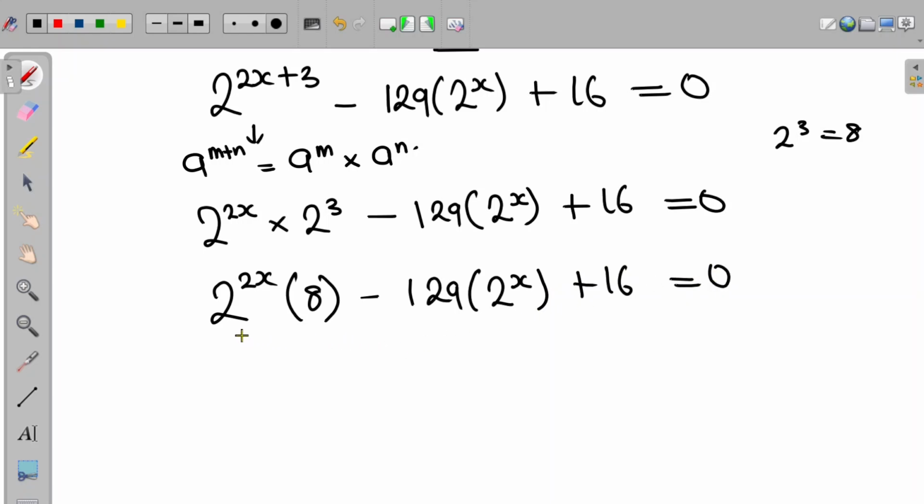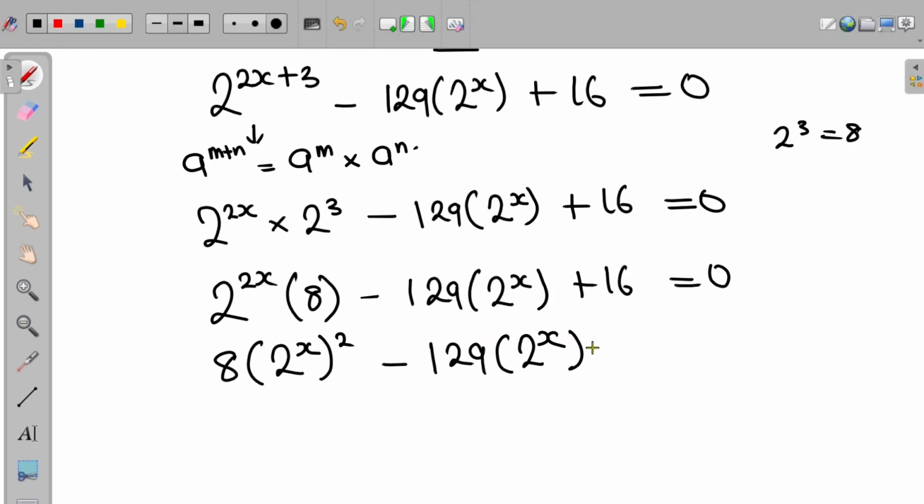So at this point, we can express here as 8 multiplied by 2 raised to the power of x all squared minus 129 multiplied by 2 raised to the power of x plus 16 equal to 0. Now, at this point, we can make a simple substitution.